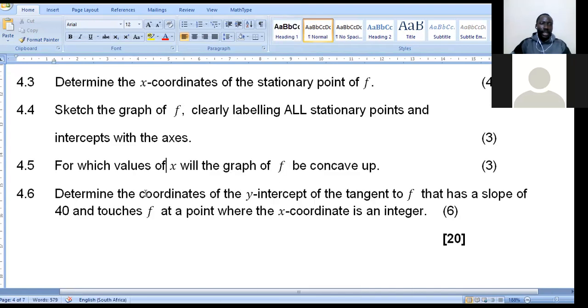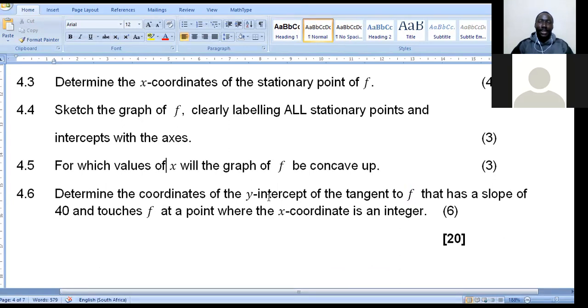And the last question is: determine the coordinates of the y-intercept of the tangent to f that has a slope of 40 and touches f at the point where the x coordinate is an integer.